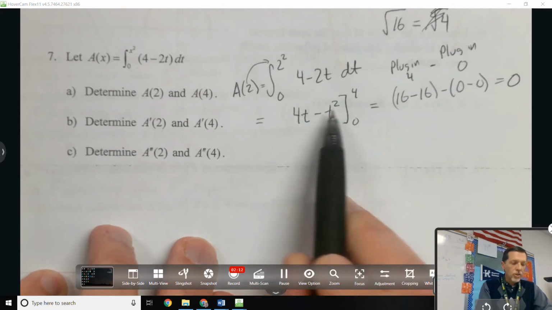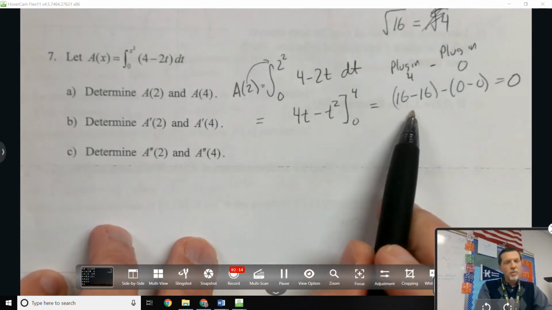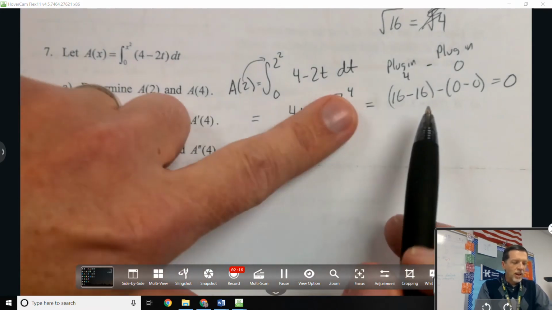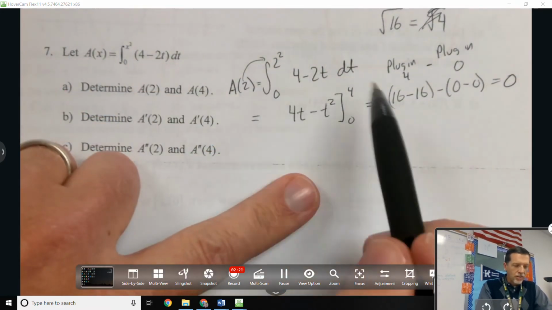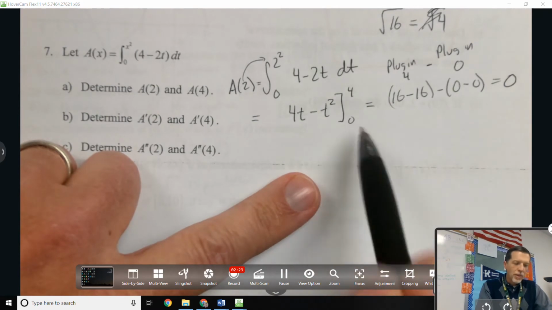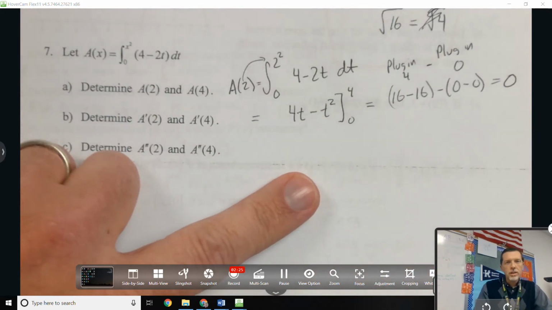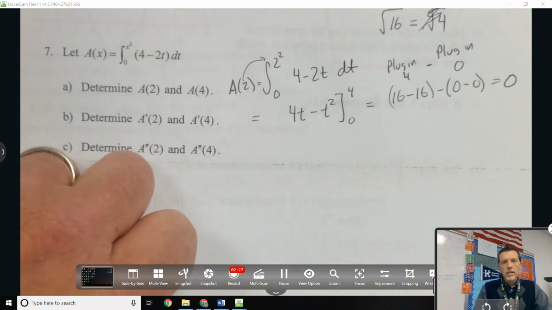After you integrate, this is a big problem some people have: they won't even integrate. They'll just plug in the top one minus plug in the bottom one. Antiderivative, then plug in the top minus plug in the bottom. You're always going to use that method when the original integral has limits, like 0 and 4.